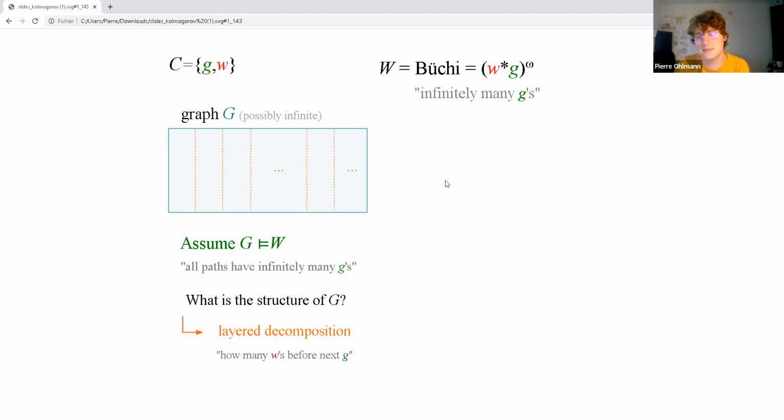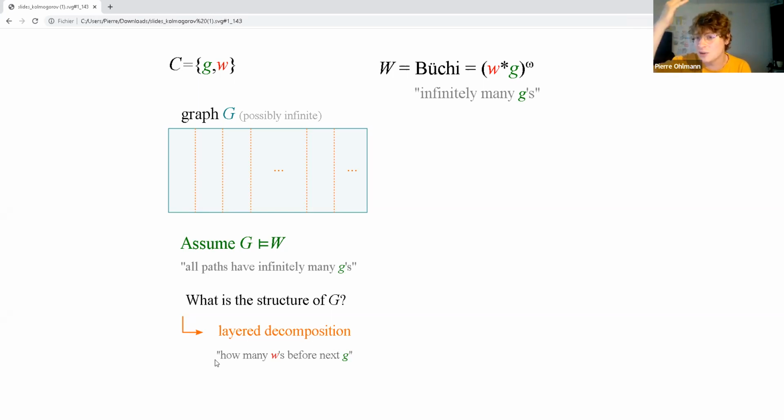So let me explain. I'm going to have a layered decomposition, and you need to count something, basically. This is what it means, having this layered decomposition. What we count in this case is, from a given vertex, how we know that we will wait only a finite number of times until the next good.